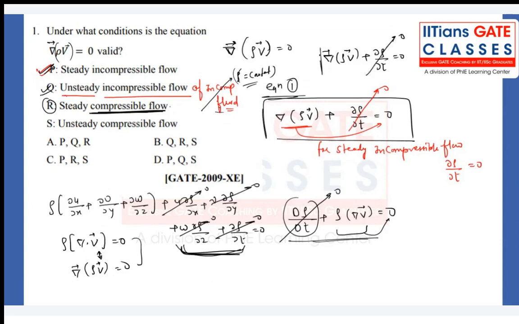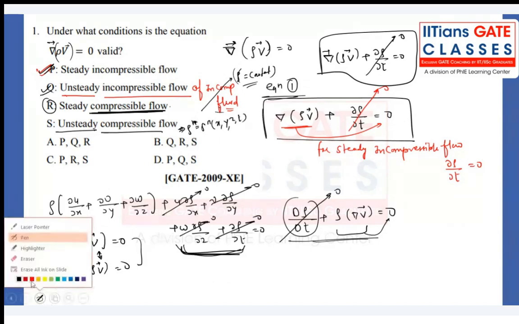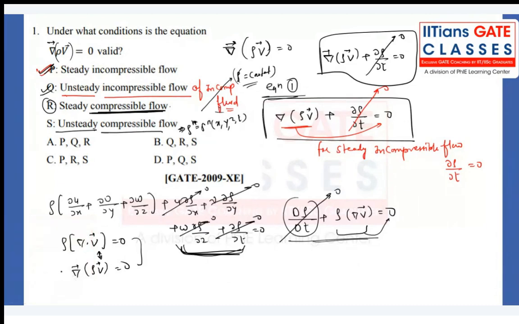So once again the equation is valid. Unsteady incompressible flow, impossible. Impossible, because in compressible flow, density can be a function of x, y, z, and t. Compressible flow means the volumetric strain rate is not equal to zero, right?